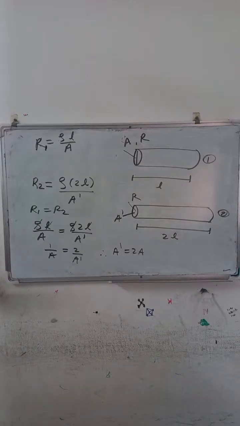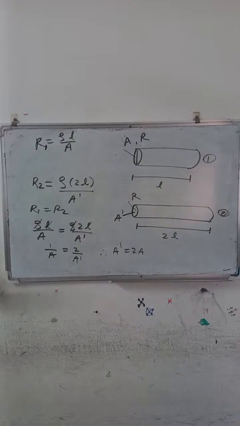Now check your option. Here the option is C, that is twice the area. Getting this question? Copy this.